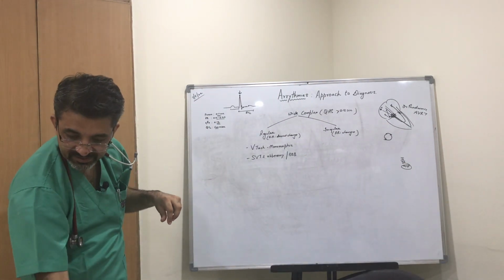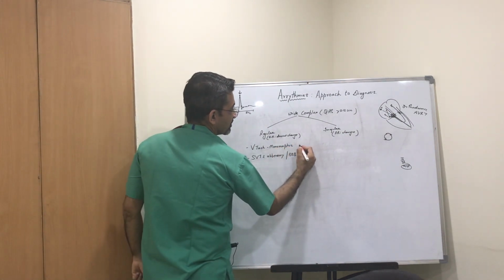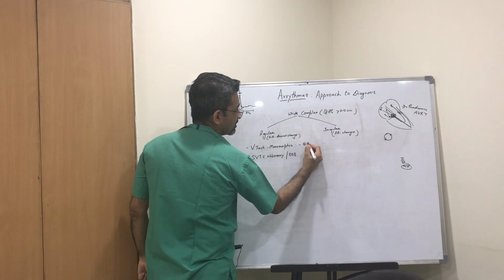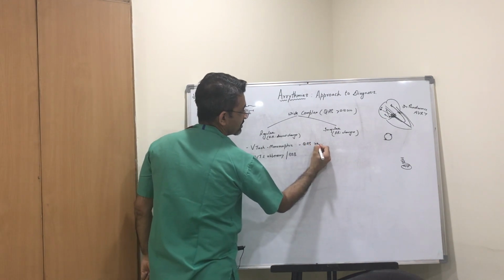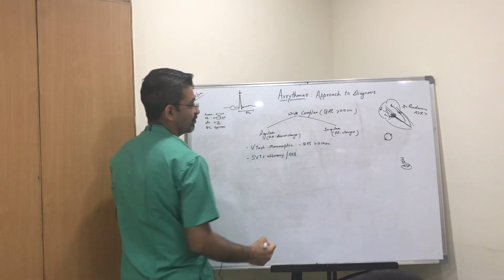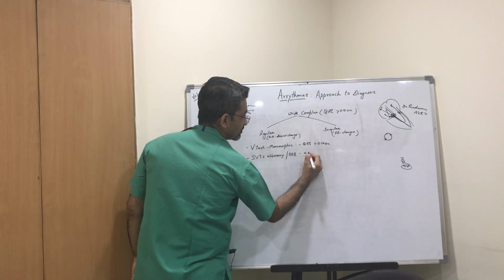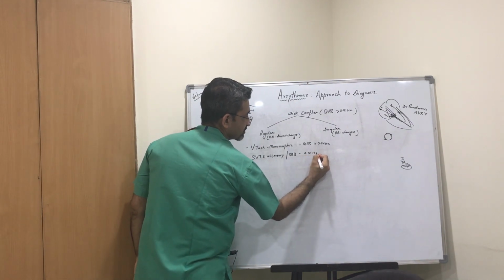So how to differentiate? In monomorphic VT, the QRS is more than 0.14 seconds, whereas in SVT with aberrancy it is less than 0.14 seconds.